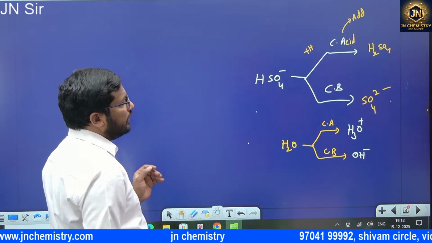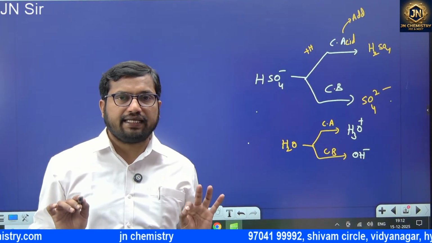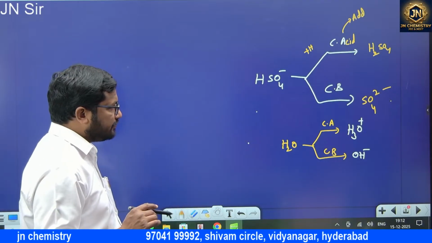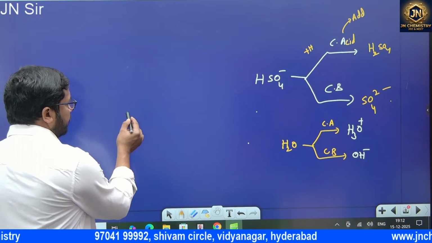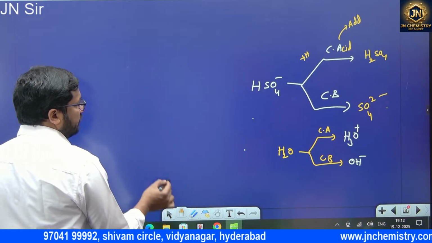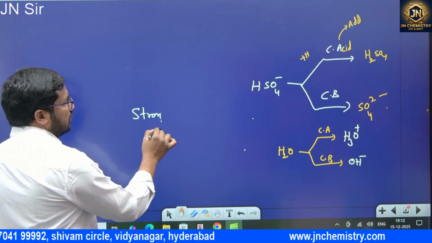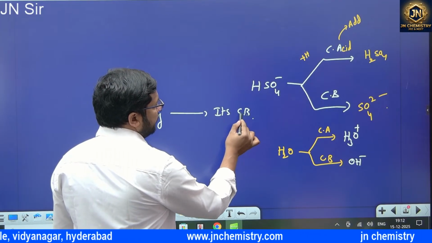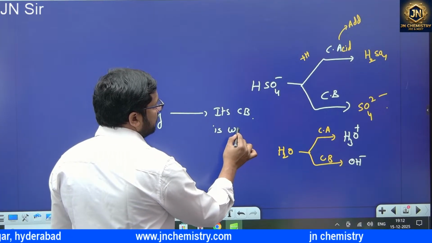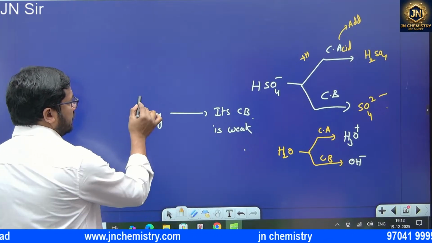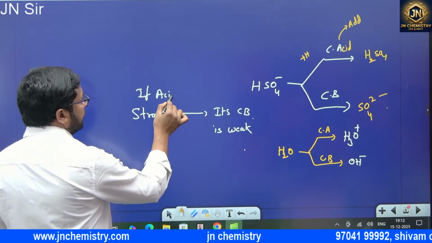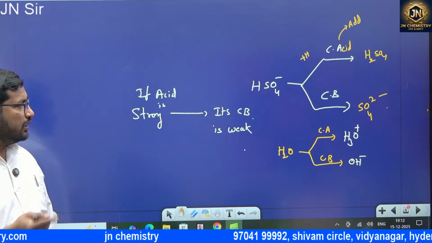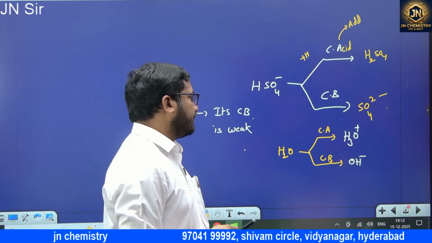Whenever conjugate acid, A is there, right? So, for example, acid is strong. If the acid is strong, its conjugate base is what? Weak. Write it down. If acid is strong, its conjugate base is weak.